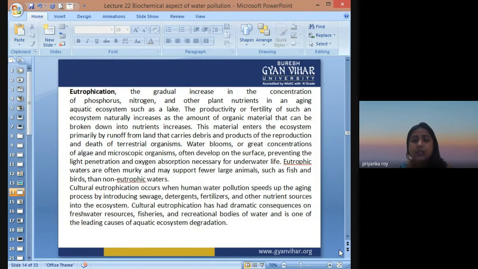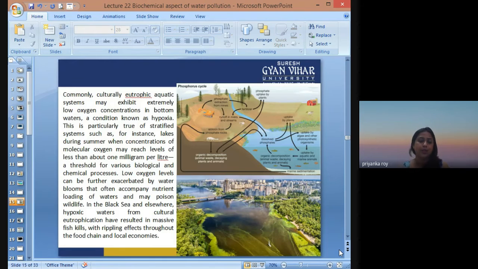So cultural eutrophication has had dramatic consequences on freshwater resources, fisheries, and recreational bodies of water, and is one of the leading causes of aquatic ecosystem degradation.